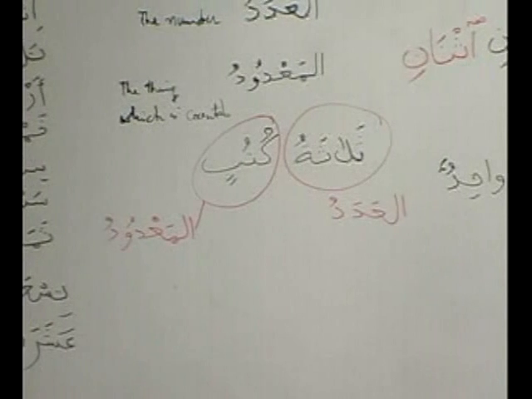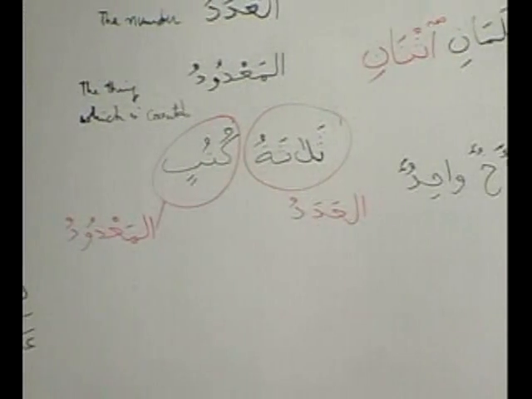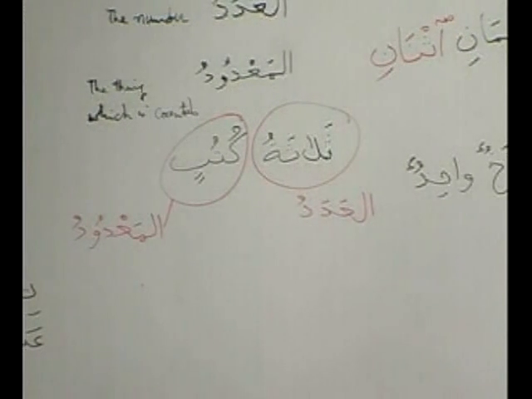Okay? But now, in this thalathatu kutubin, which is mudaf, mudaf ilayhi, what is thalathatu? It is the number, al-adadu. Sahi? Number. And what is al-kutubin? Ma'dud. What is ma'dud? The thing which is being counted.